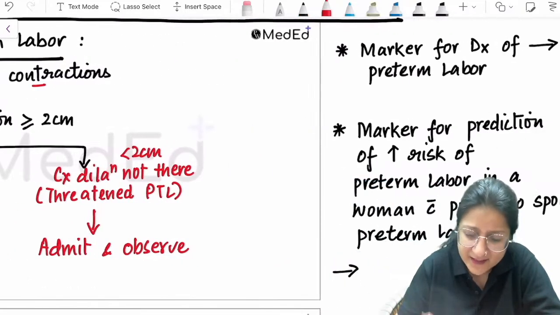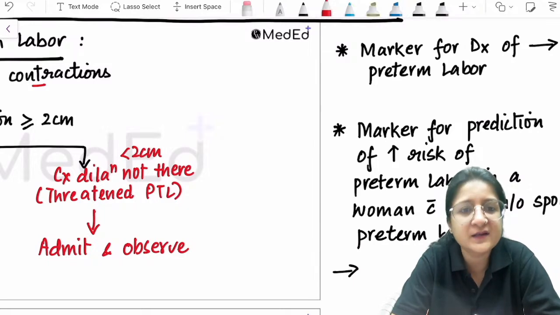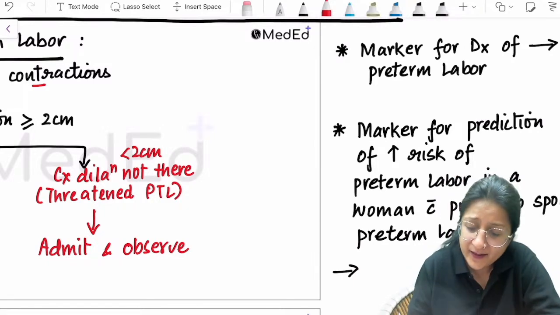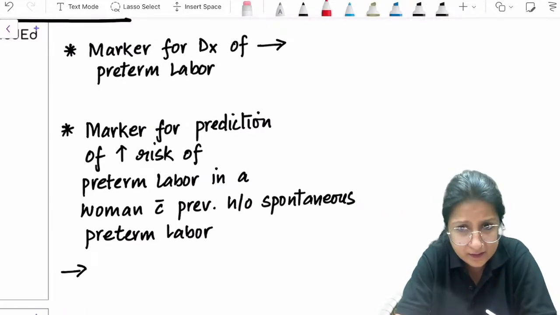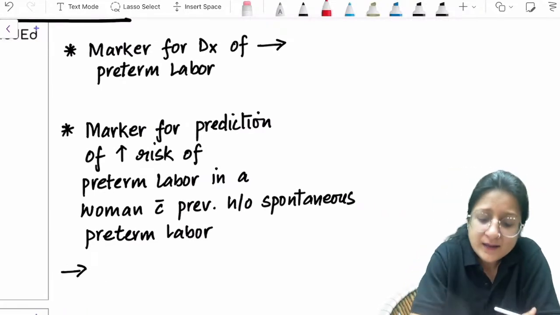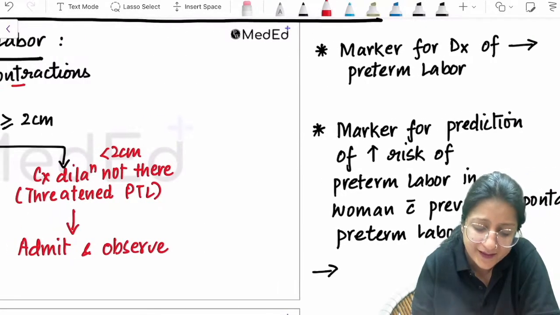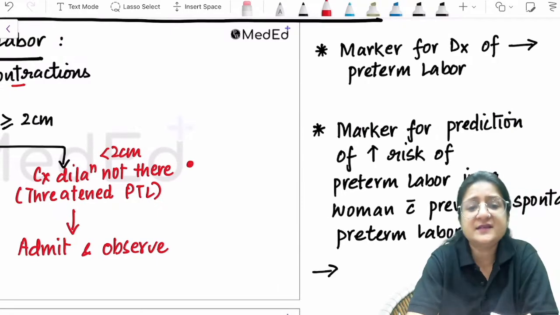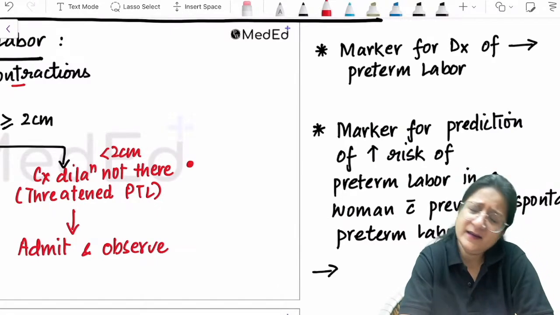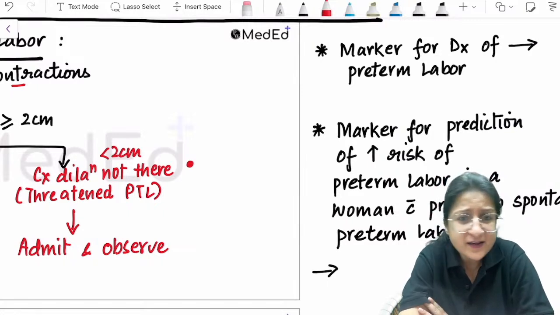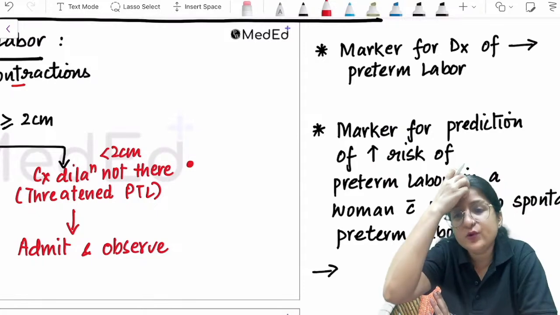Are there any tests that we could do in a situation where we are not able to make a clear-cut clinical diagnosis? There are tests that are mentioned, but we are generally not doing them in clinical practice, right? Let's say the cervical dilatation is not there, it is a threatened preterm labor. Ideally I would admit and observe, but if there is a marker for diagnosis of preterm labor, I could use that marker.